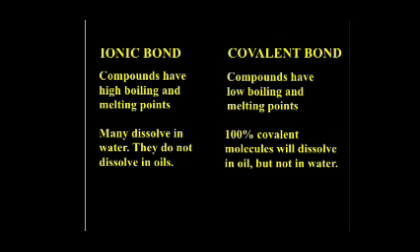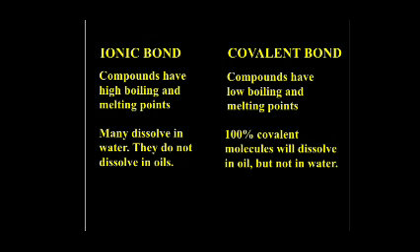Covalent compounds are available in solid, liquid or gas state. Ionic compounds have high melting and boiling points. Covalent compounds have low melting and boiling points. Ionic compounds are soluble in polar solvents like water.